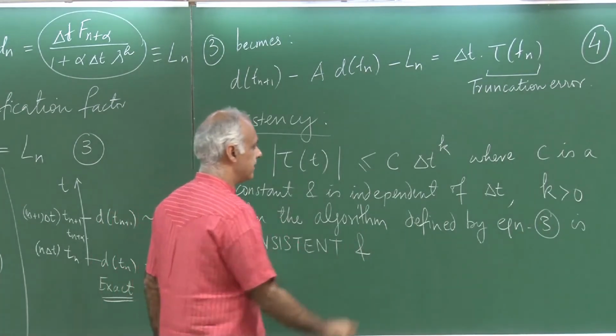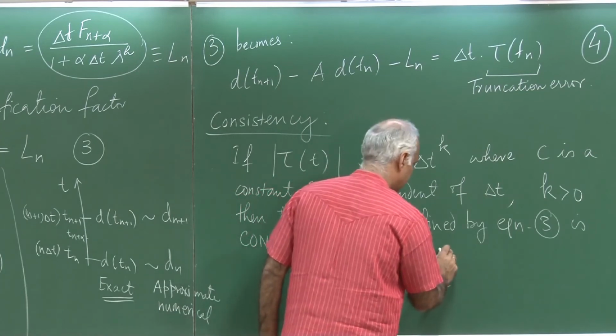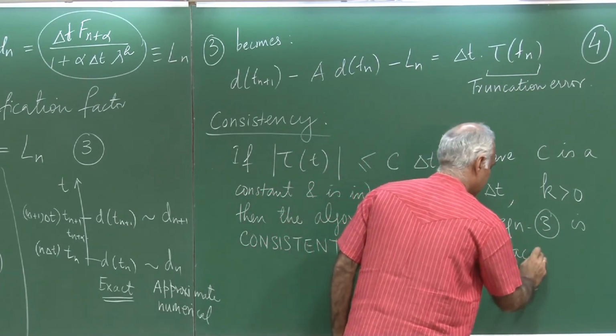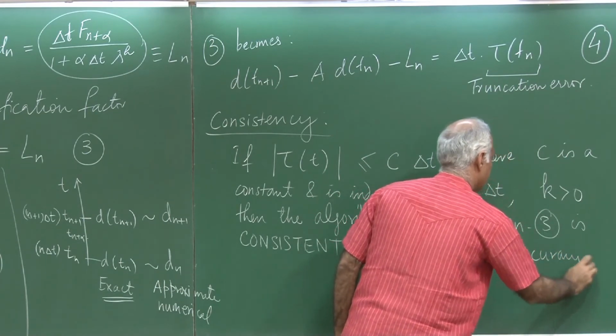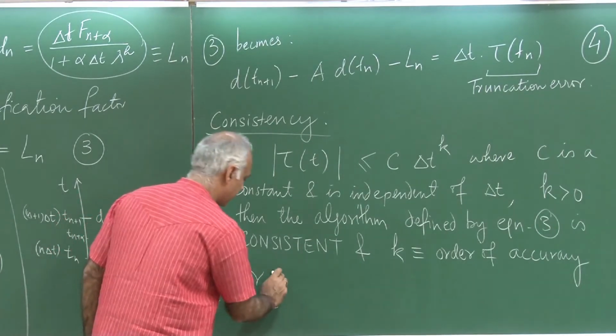And this value k corresponds to the order of accuracy, or it is also known as rate of convergence.